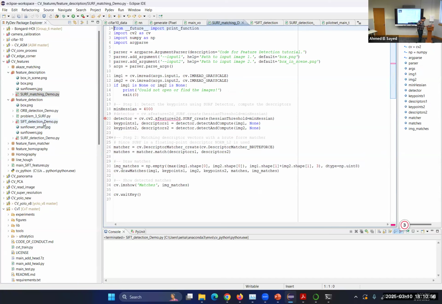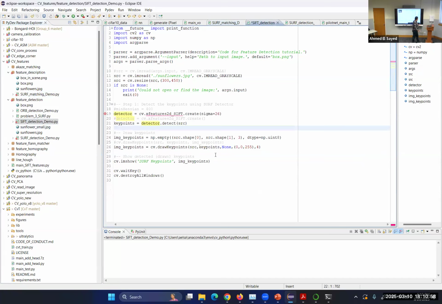What's the difference between them? The detect only will return the points of interest only. It doesn't return the features. So the output from the detect process is the coordinates of the key points and the radius, because this is a blob, right?